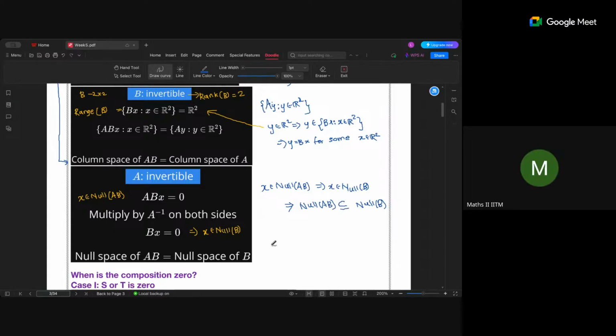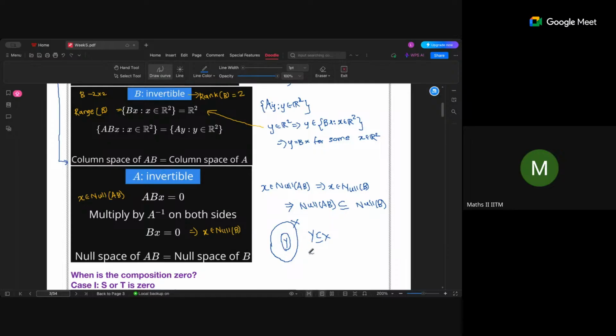Because see, suppose let us say this is a set X. This is a set Y. Now, which is a subset of which? Y is a subset of X, right?